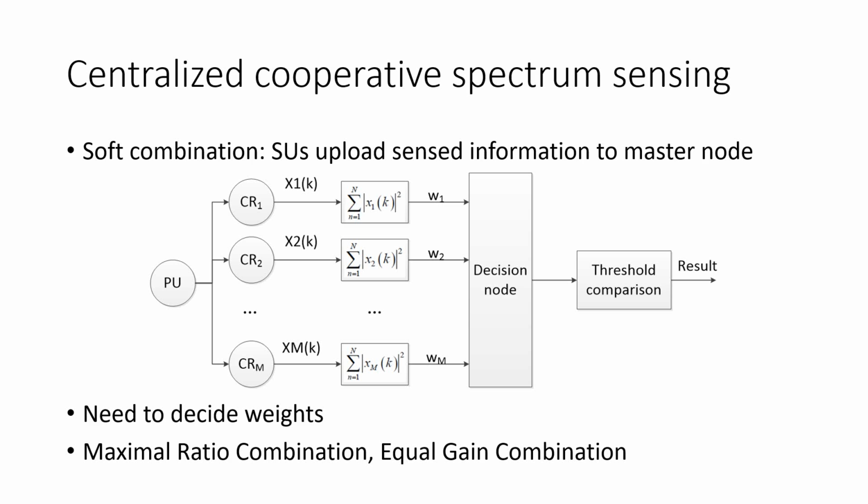One is maximum ratio combination, which is based on the SNR of each secondary user, and the other is equal gain combination. This means the master node will give each secondary user equal weights.